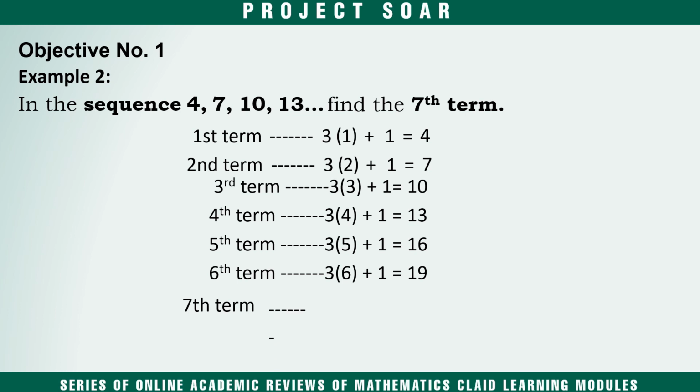To solve our equation for number 7, we're going to apply the formula of 3n plus 1. 3 as our common difference, multiplied by the seventh term, is equal to 21, plus 1 is equal to 22. So therefore, the seventh term is 22.